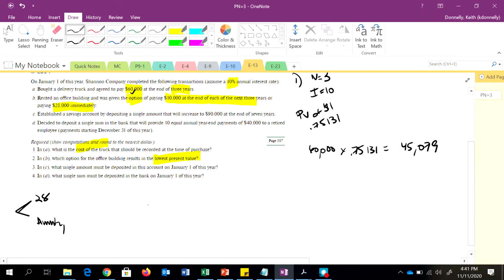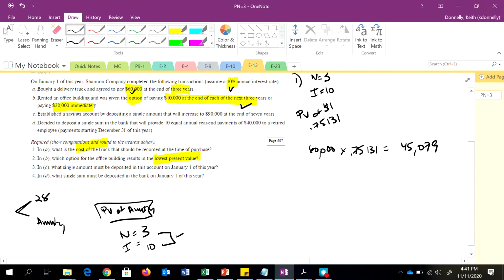Well, what we're going to do here is, and I'll just kind of quick hand it given the time we have, we're going to be using the present value of an annuity table. And in this case, given the facts, 3 years, so we know our N equals 3. We know our I from the facts up here is 10.